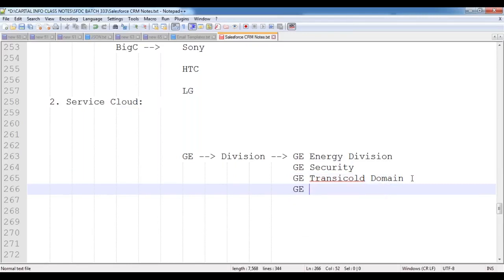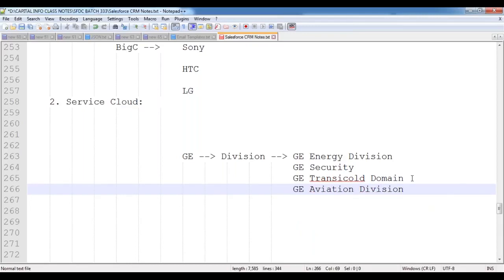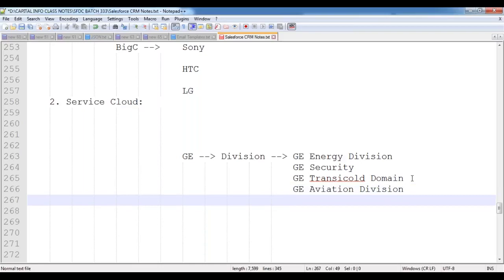As part of GE, they have the aerospace division, which is called the aviation division. As part of this GE aviation division, they're manufacturing the various flight engines. In order to travel from one place to another, we use the various flights. Those flight engines are also manufactured by the GE aviation division people. And then GE is into the healthcare division also.